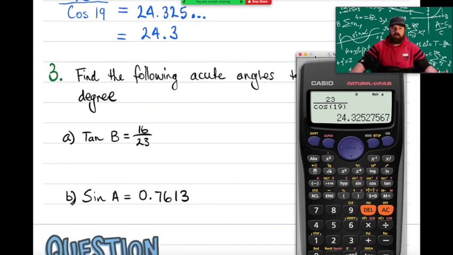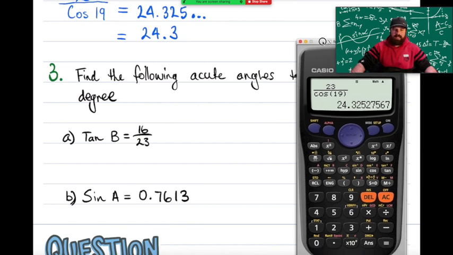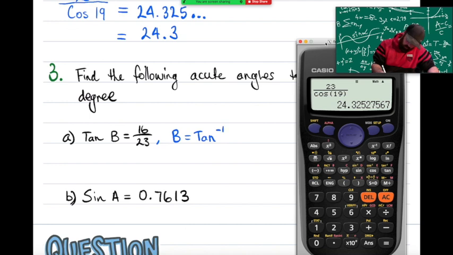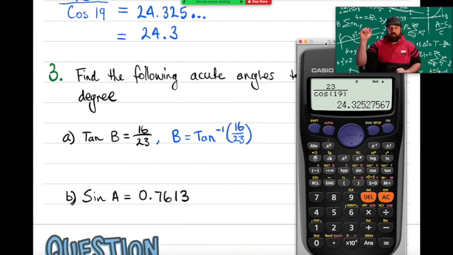Alright, and finally it asks find the following acute angles, and I'm pretty sure it says to the nearest degree. Because this says find the acute angles, I'm going to say then that B is equal to tan to the minus 1 of 16 over 23. When I'm finding angles, remember we have to press Shift tan. So I'm going to clear this, Shift tan.